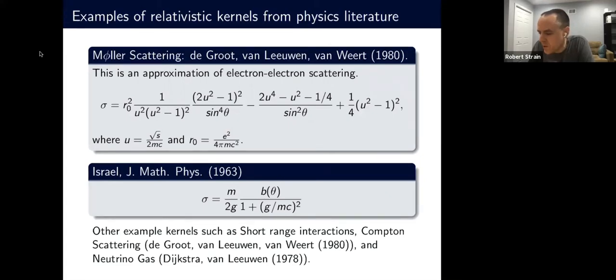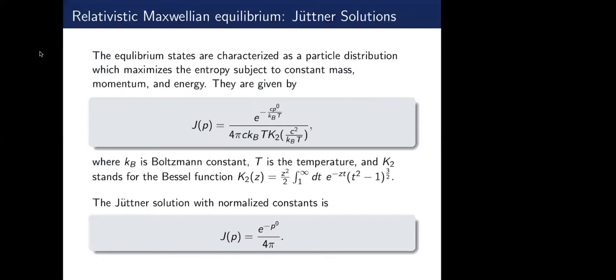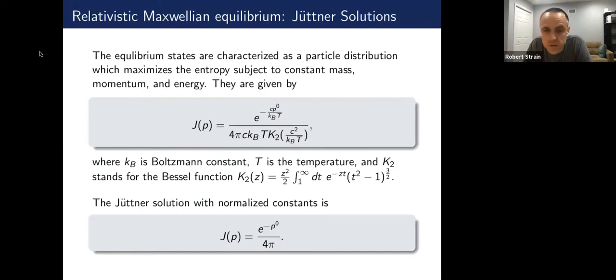Okay, so there's also a relativistic Maxwellian equilibrium, which are called the Jüttner solutions because Jüttner derived them. Equilibrium states are characterized as a particle distribution which maximizes the entropy subject to constant mass, momentum, and energy.